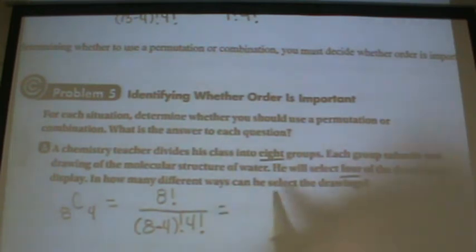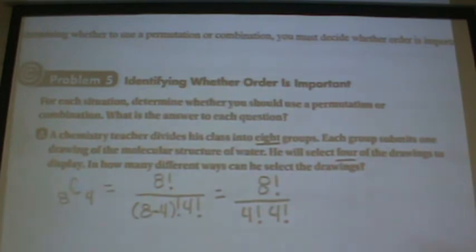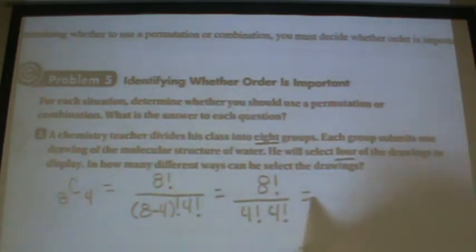And when you simplify that, you get 8 factorial over 4 factorial times 4 factorial. And you can punch it in like that, or you can punch it in using the combination. And we end up getting 70. So he can choose in 70 different ways.